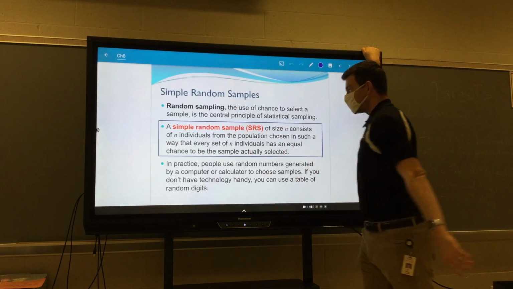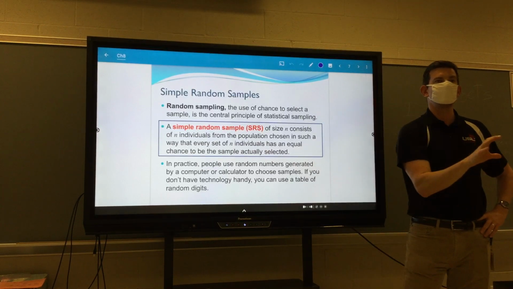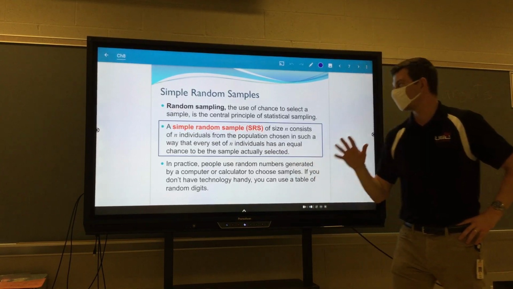So, random sampling, this is the method for obtaining representative information.